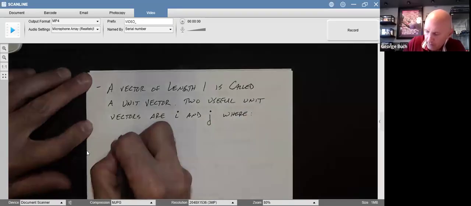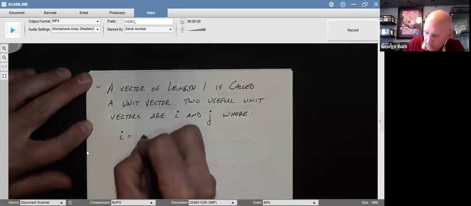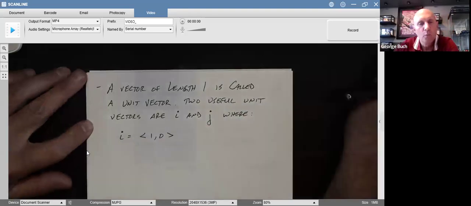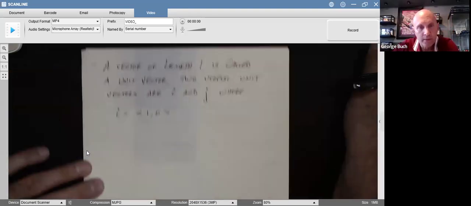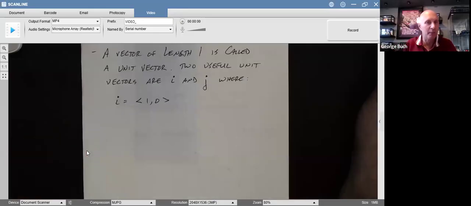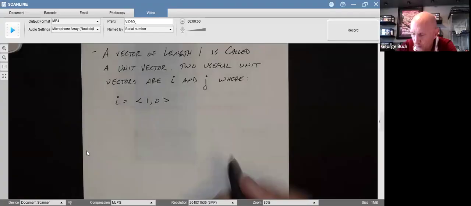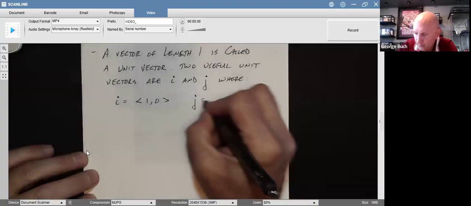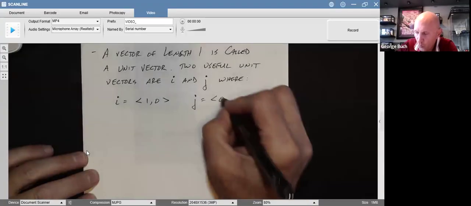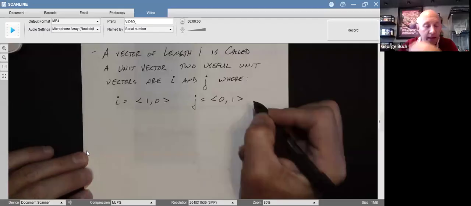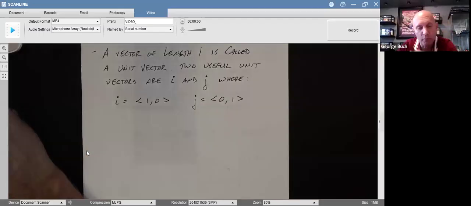I is equal to 1 unit to the right. Now, of course, if I had minus I, that would be 1 unit to the left. And J is my vertical, so that's 0 units left or right, 1 unit up. And again, if I had a minus sign, it would just tell me how many units up or down.